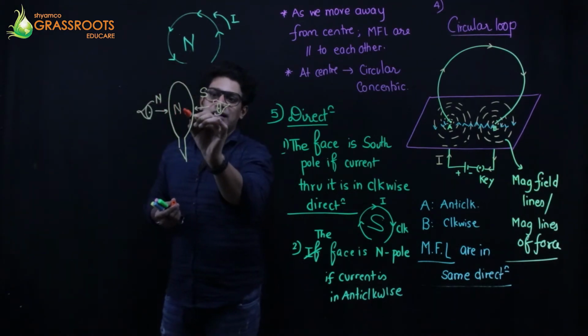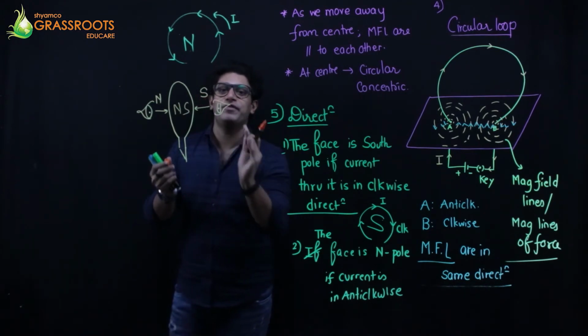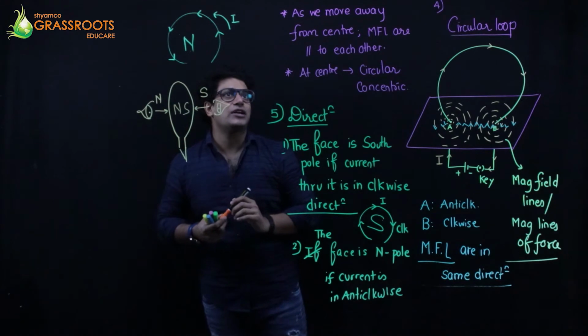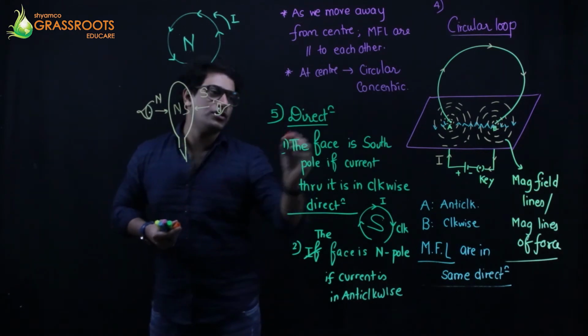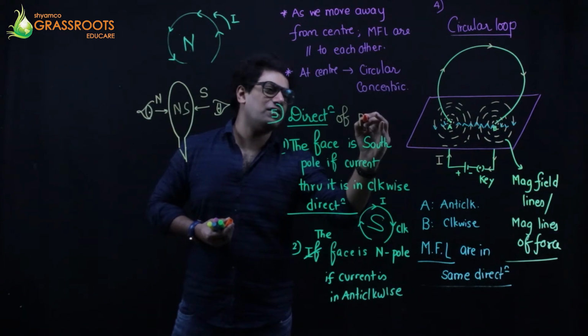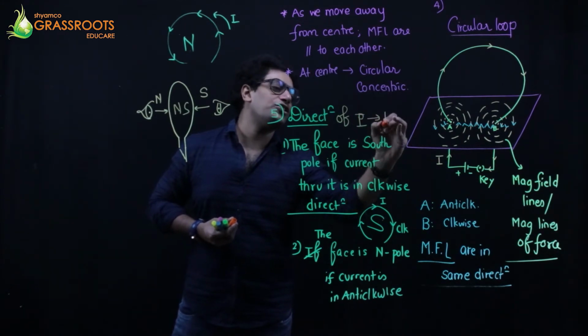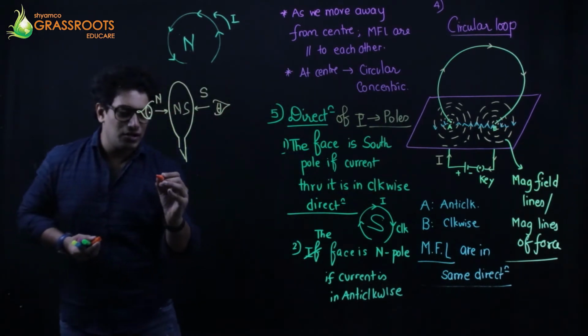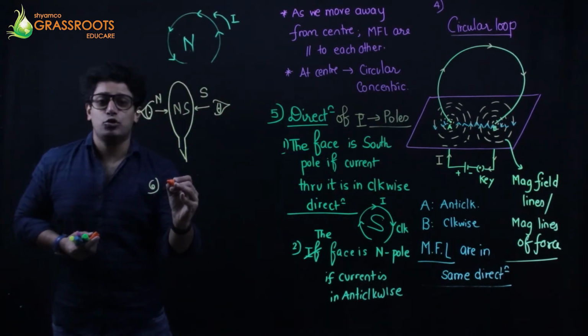Basically, it's the same only, but it depends from which side you observe. That is called the face. So that was my fifth answer: the direction of the current determines the poles. My sixth answer would be about electromagnet.